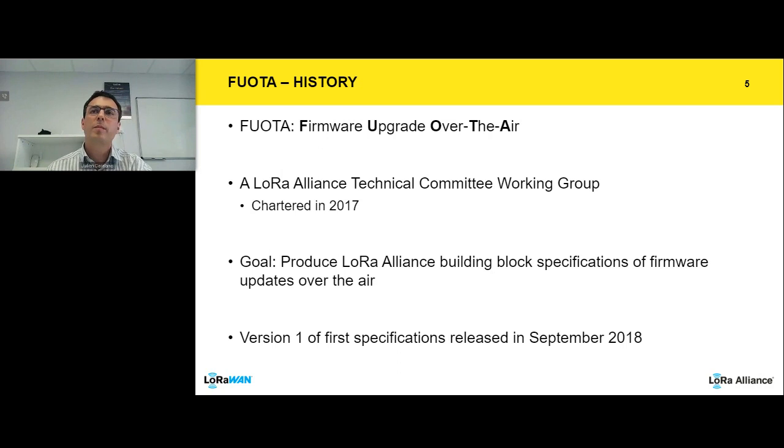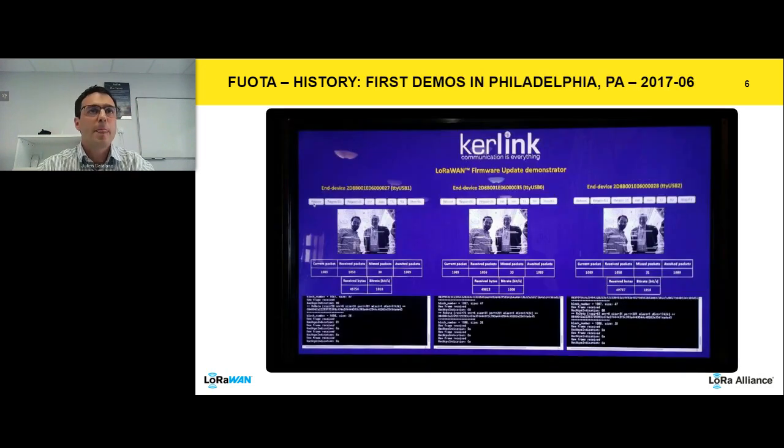let's remember the history. What you can see now on your screen is one of the first demonstrations of what we built for the LoRa Alliance all-member demo in Philadelphia in 2017.